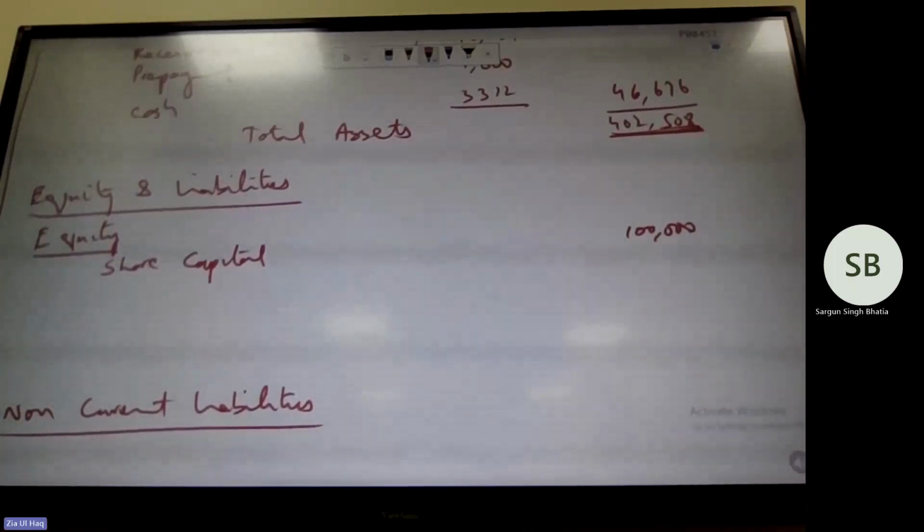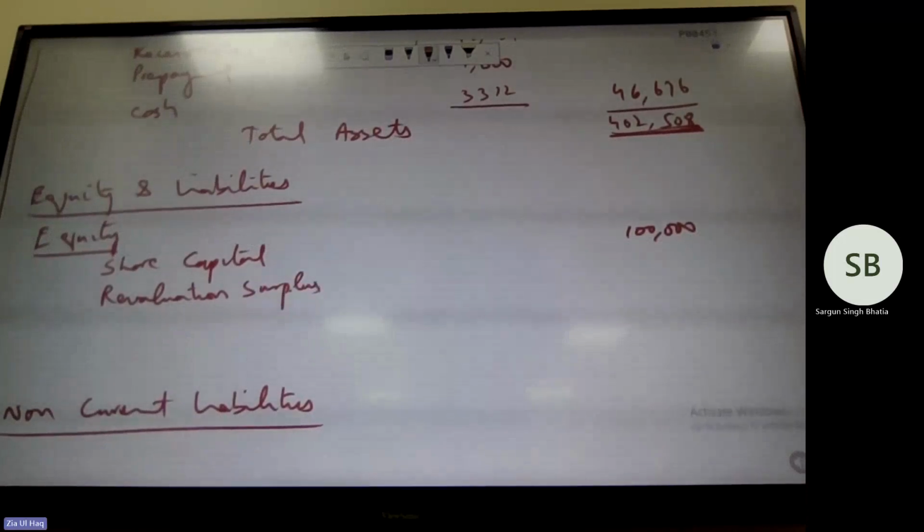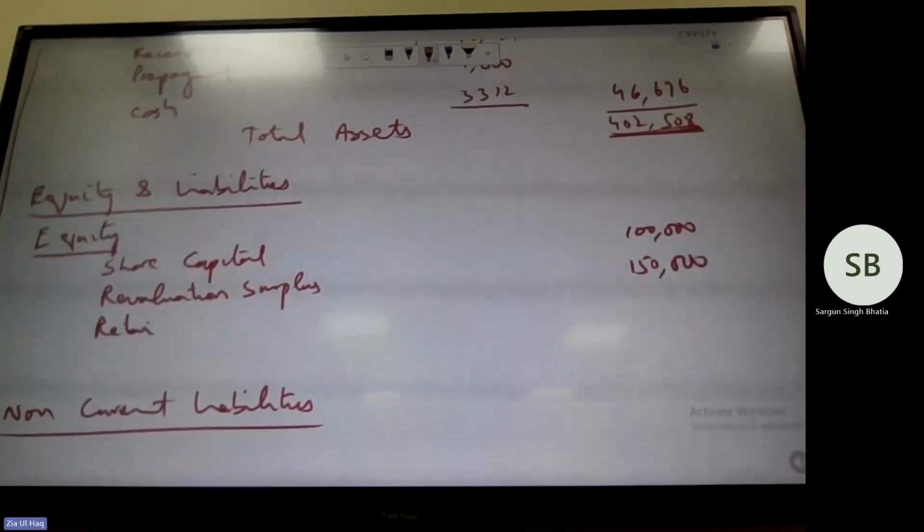There is no share premium. There is a revaluation surplus of 150,000.